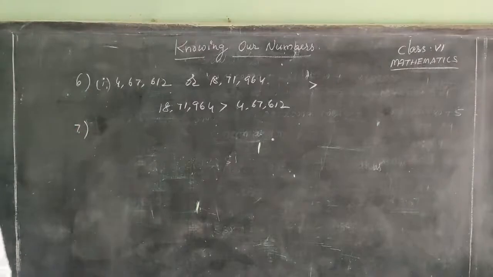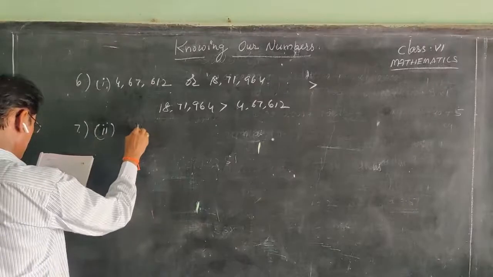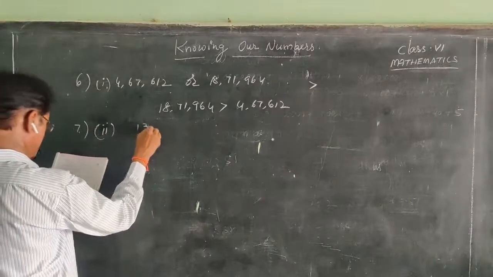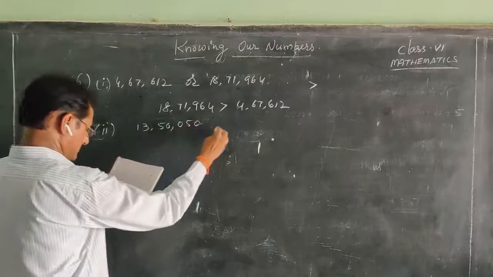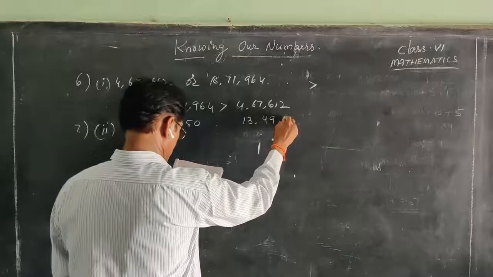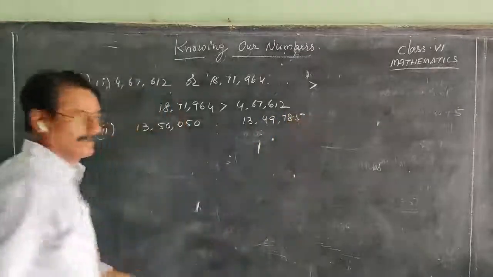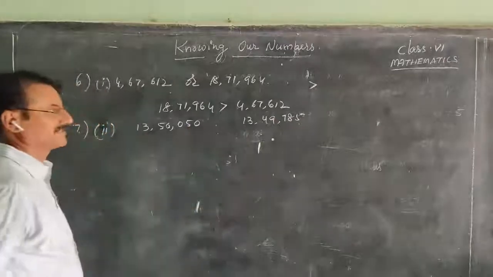Next, I am going to explain one more sum in the next Roman also. Here also two numbers are given. Second sum in the 7th one. Both are 7-digit numbers.